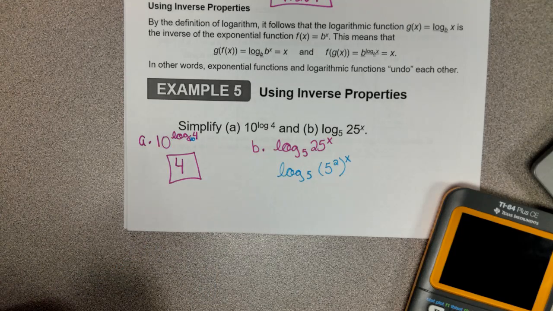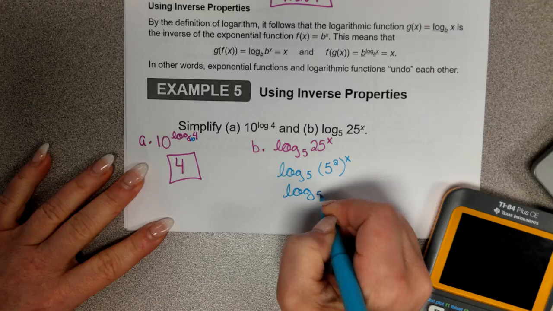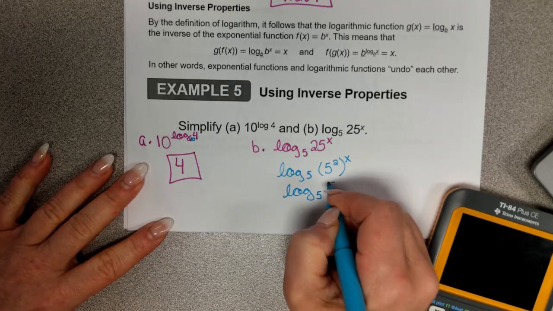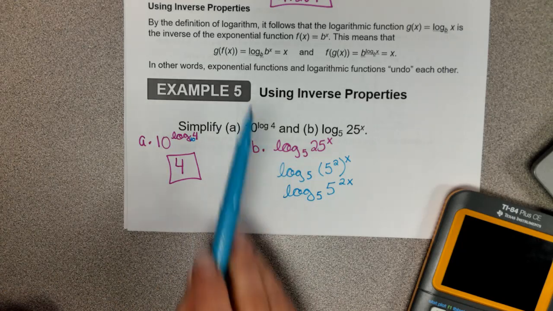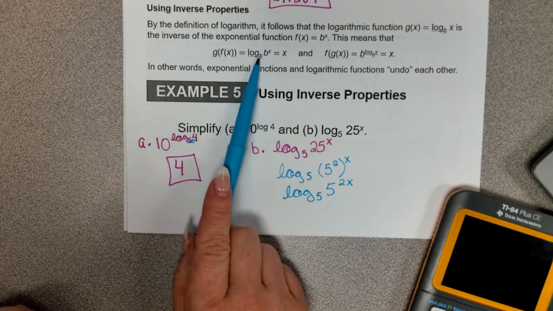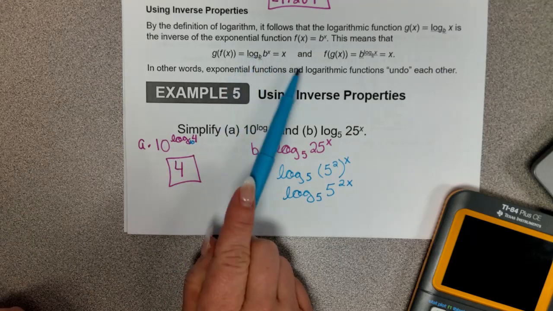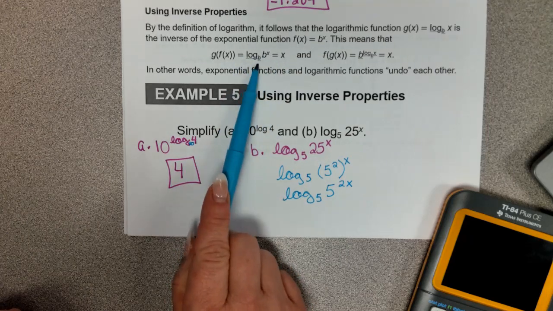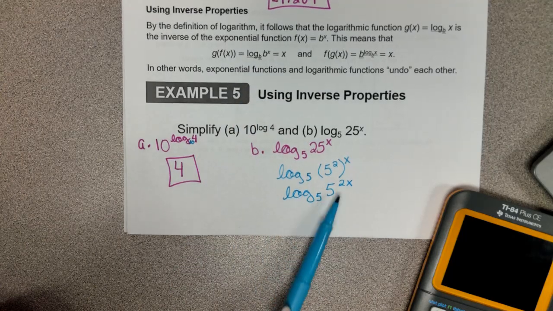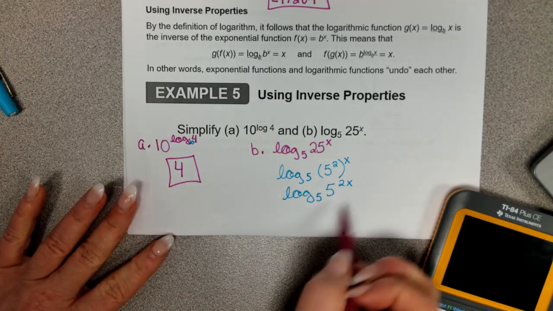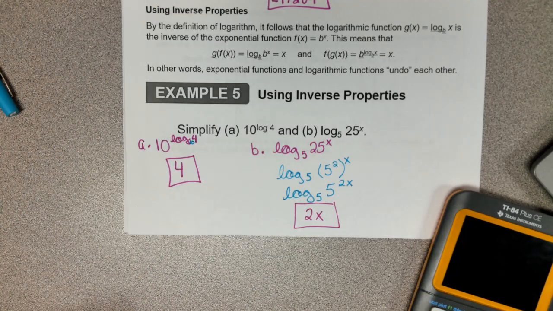But we know that the power to a power rule says this is the same thing as log base 5 of 5 to the power of 2x. Now, we have an inverse property that says if I have log base b of b to the power of x, that whole thing is equal to x. Notice my base is the same as my base. So this entire logarithm must be equal to 2x.